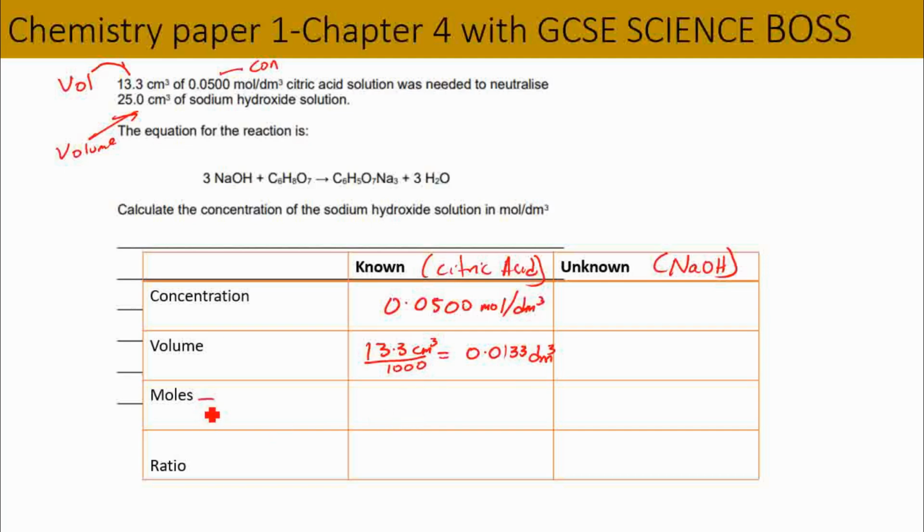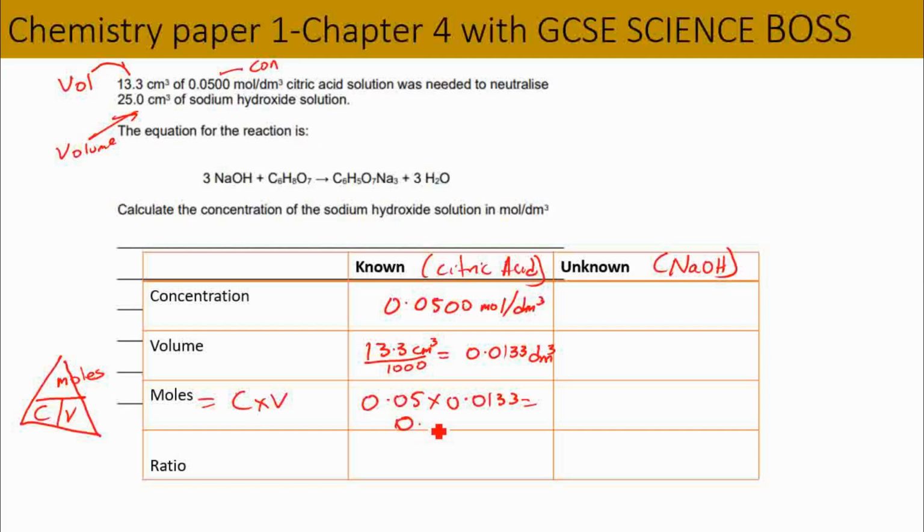Then moles. Remember, when applying for a job, you write a CV. So now I have moles. It's going to be C times V. So it's going to be 0.05 times 0.0133.